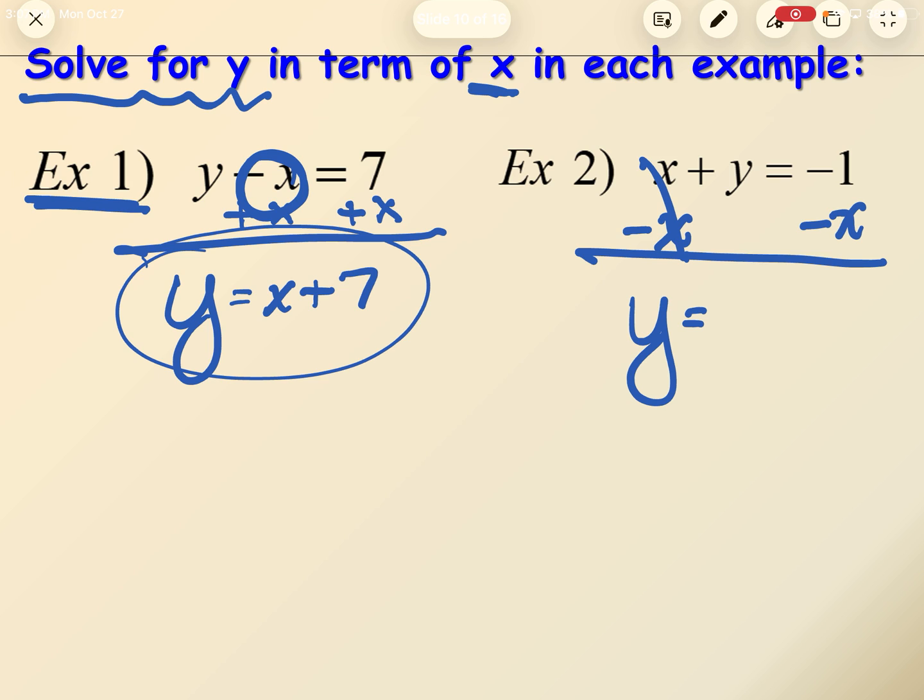We cannot leave it negative y. No. And I don't want to subtract y because I want y by itself. So let's move the x's. I'm going to be left with negative x minus 1. Not x minus 1 because when I move it to the other side, that x is no longer positive, right? I got to move it over there and leave it negative.